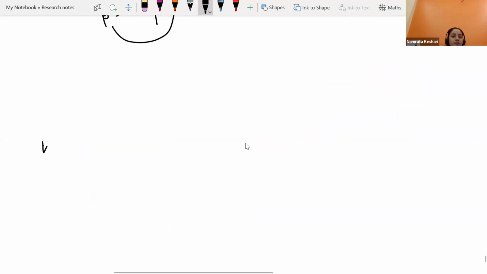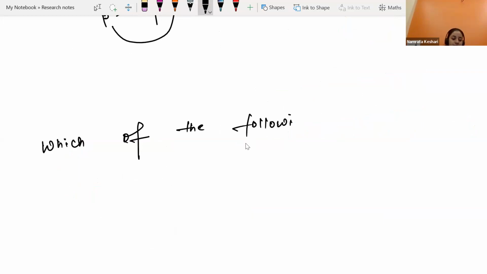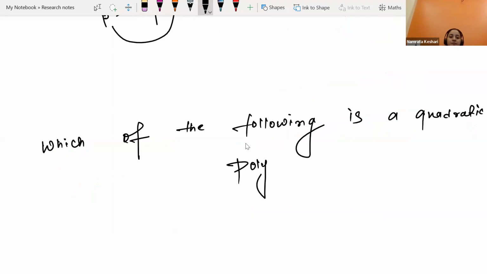which of the following is a quadratic polynomial with zeros 5 by 3 and 0.